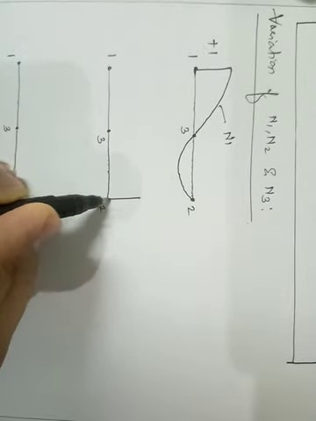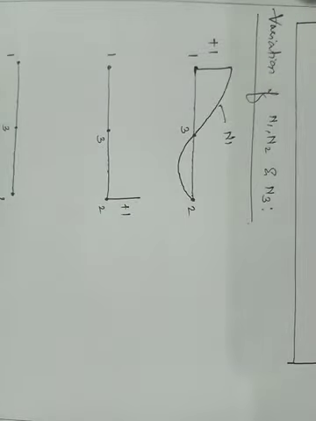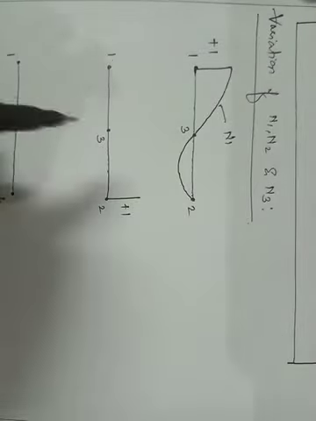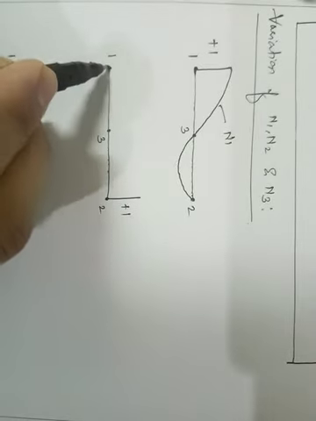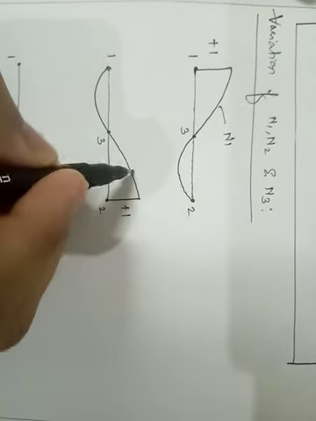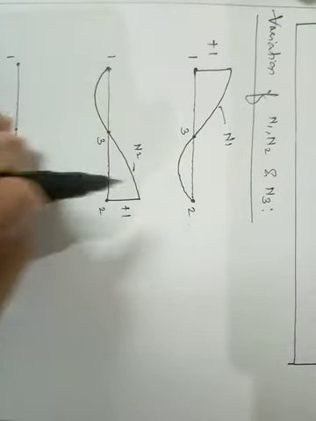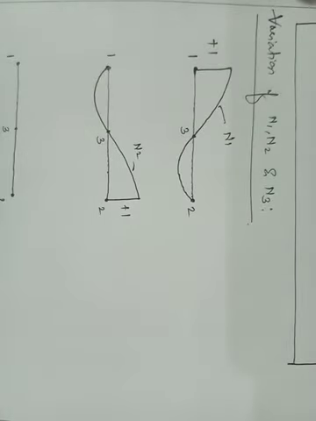For second shape function, you will be having n2 equal to 1 at node number 2, whereas n2 value at 3 and 1 will be 0. So here also you are going to show it like this. So this is n2.